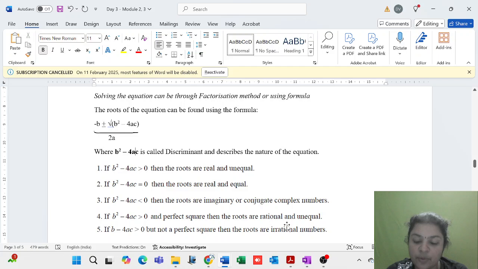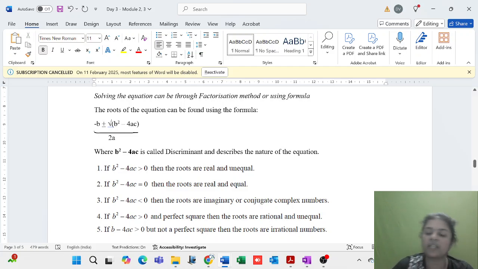Rational means the value is an exact whole number. And if b square minus 4ac is greater than 0 but not a perfect square, where in the root you will not get an exact value, then they are real and irrational. So these 5 points you have to remember.